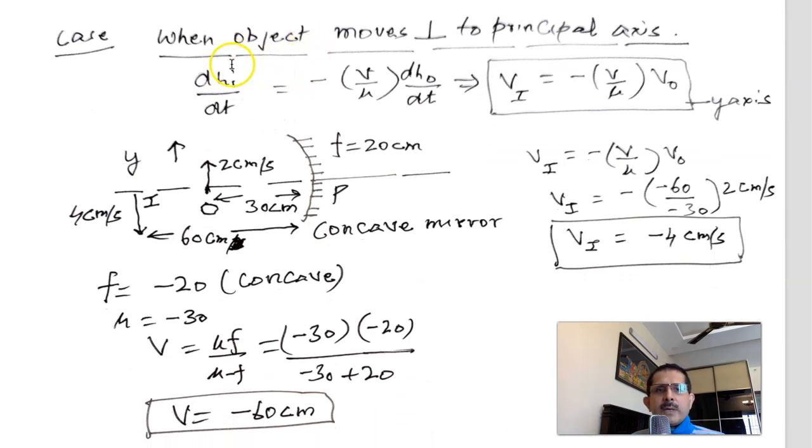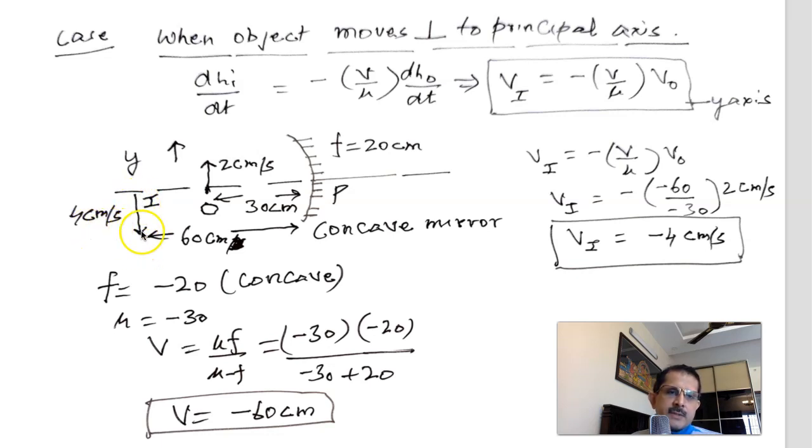Now another question. When an object moves perpendicular to the principal axis, dHI by dt is equal to this, and both are across the y-axis. This is what we studied and I have reiterated it here. Now if I get a question wherein they have given this direction, this speed, remember magnification we were talking towards up, but in this case they have given minus, downwards.